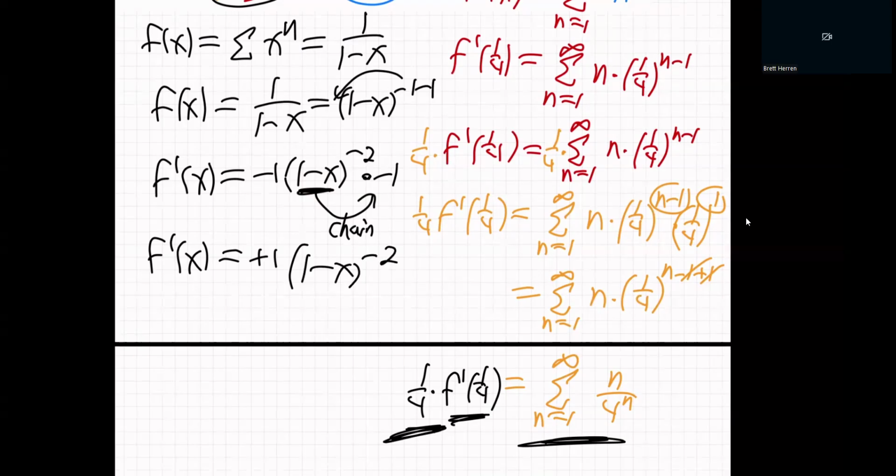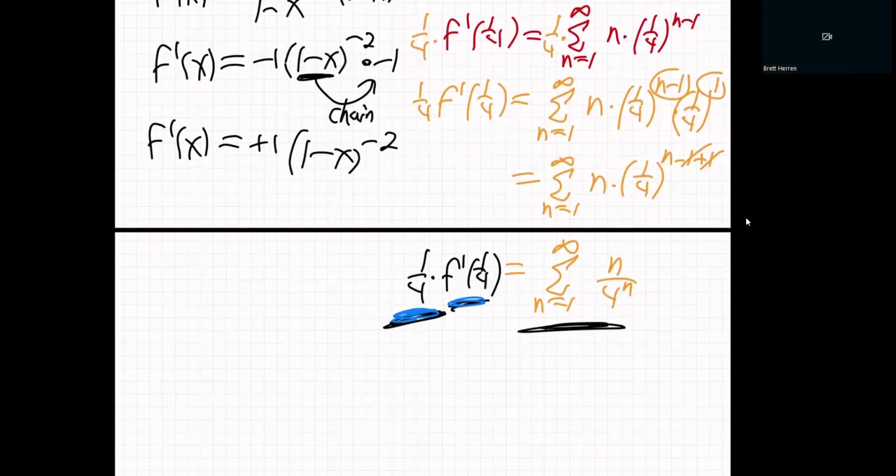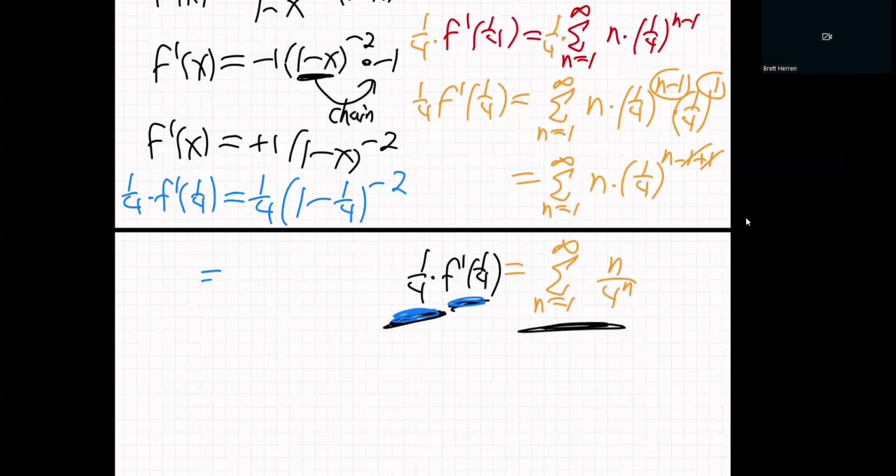Okay, but we've already proven that what we need is 1/4 times f prime of 1/4. So let's just do the whole thing. We multiply 1/4 on the front, and then plug in 1/4. So that is 1/4 times 3/4 to the minus 2.